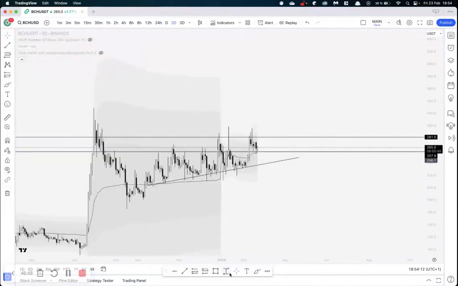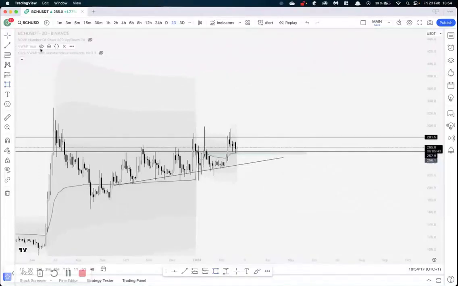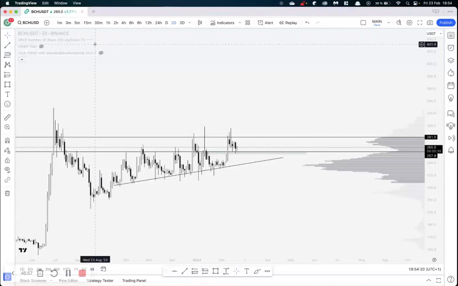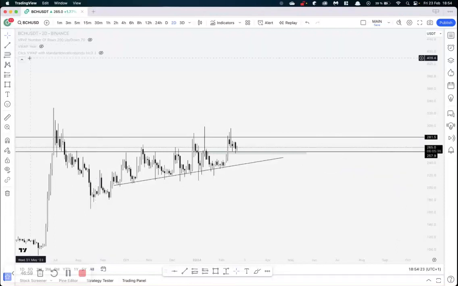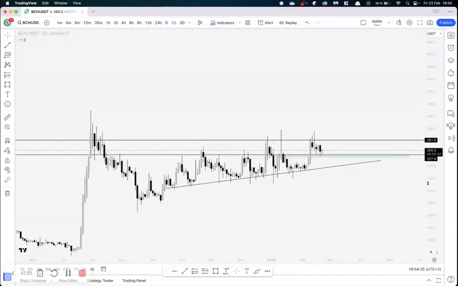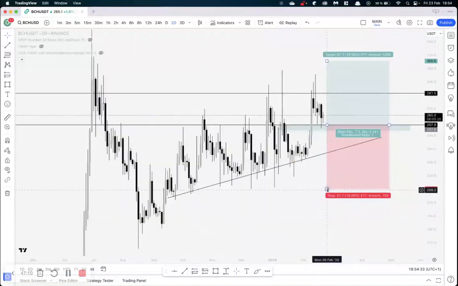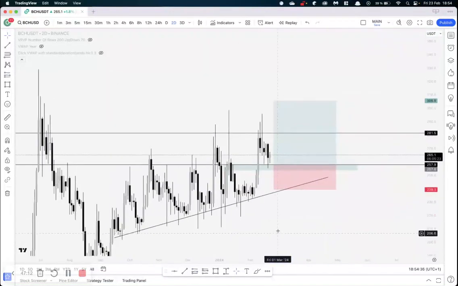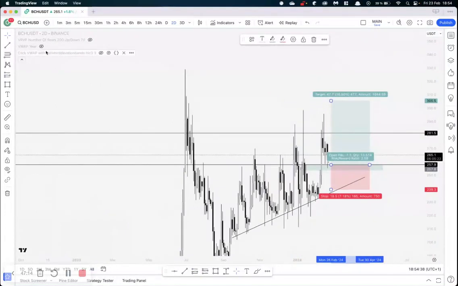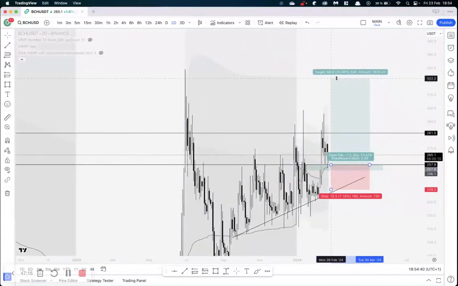I mean, longing here could be an idea, I guess. Potentially long here could be an idea, and then you'd put your stop loss there, maybe, and then you TP around there.